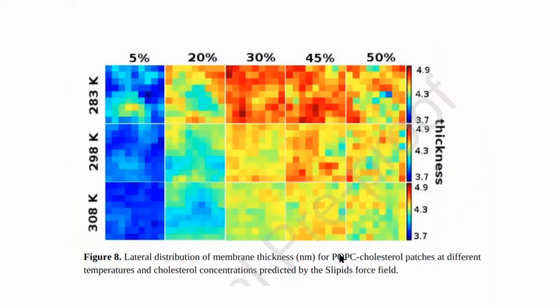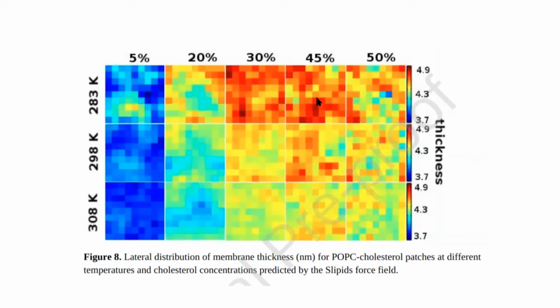For instance, we do molecular dynamics of this POPC membrane with cholesterol, exactly the same membrane that we use in the experiments, and we change the amount of sterol and the temperature, and we look at the thickness of the membrane. This is just some artificial pixelation, so we compute the thickness in each of these squares.